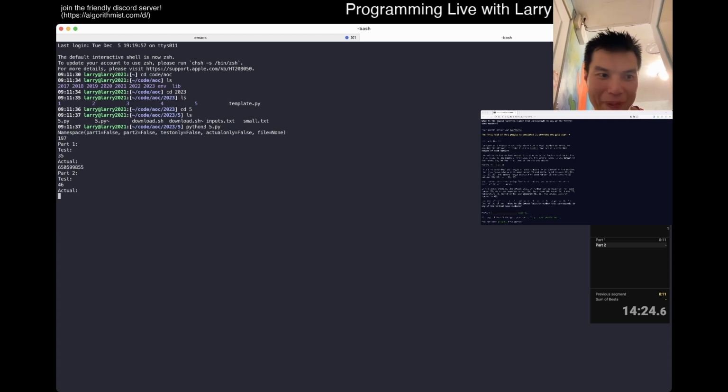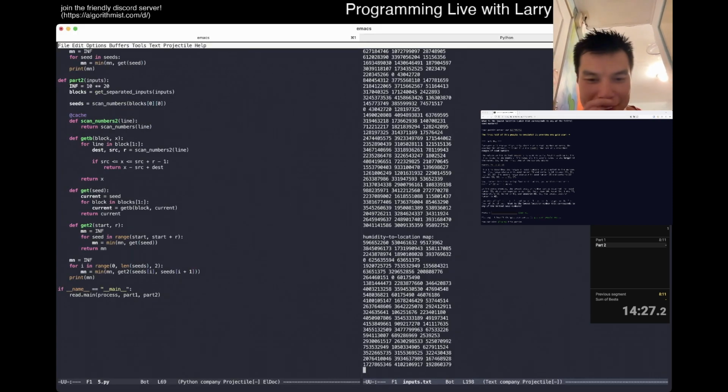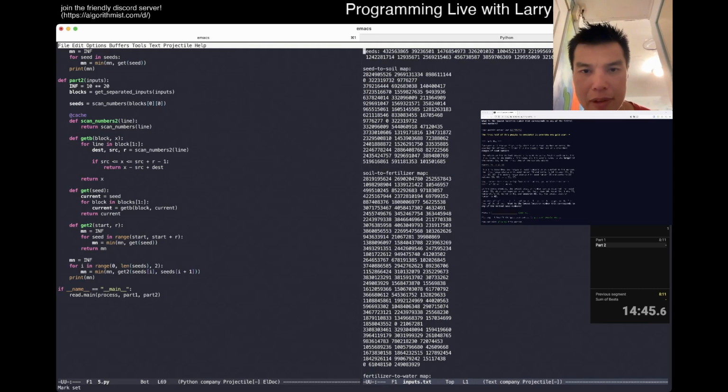I am also just running in the background while thinking. That's what I'm doing. What is the best way to do all these interval stuff? Let's say you have an interval and then you try to figure out what intervals you have left.